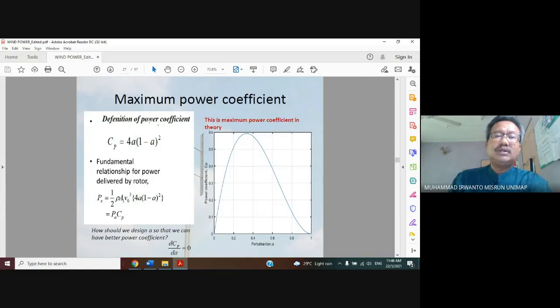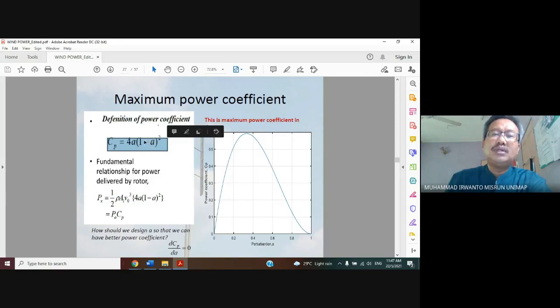Okay, now so what is the meaning? It means we want to obtain the maximum power extracted by the wind turbine by considering the value of the power coefficient Cp. Where the coefficient Cp is given by this one: 4A multiplied by (1 minus A) power 2.